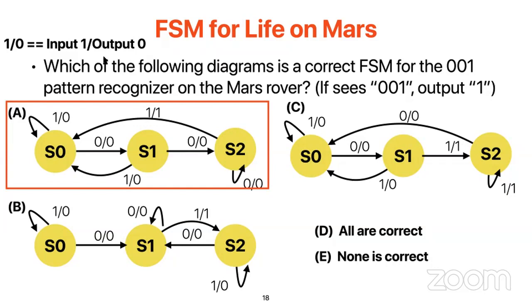Okay, Fang Zong, question. Can you explain why B isn't correct again? Well, so Xiaoying just said, if you are currently at S0, then it would give you the incorrect result, right? If I input 001 from S0.